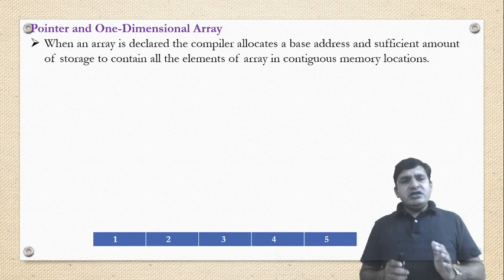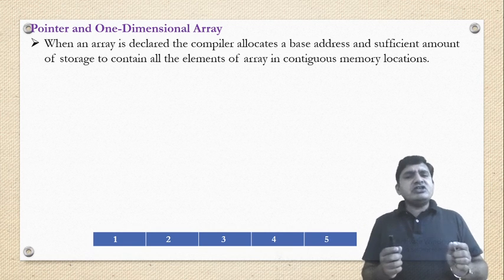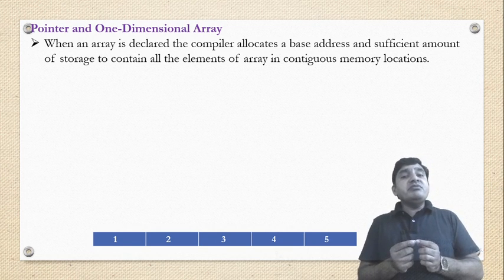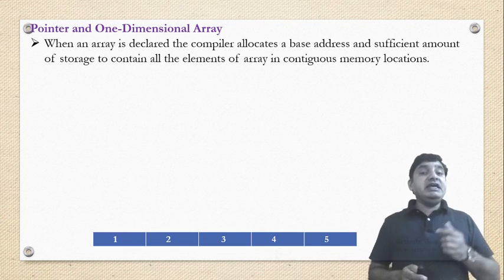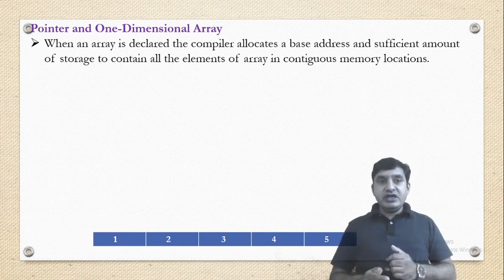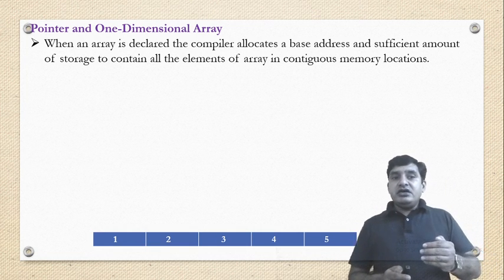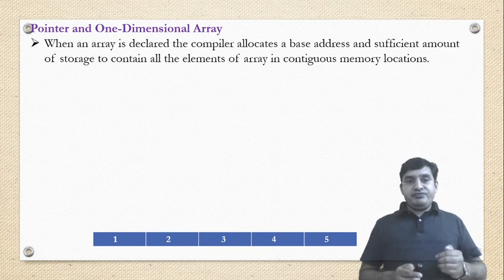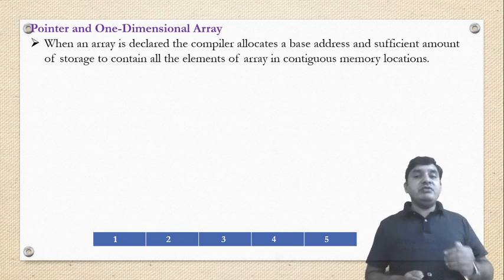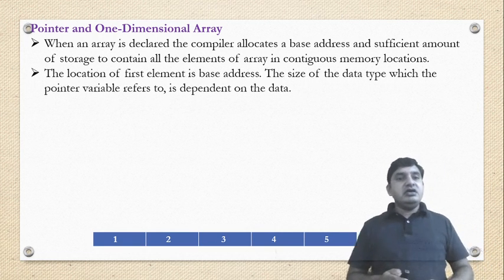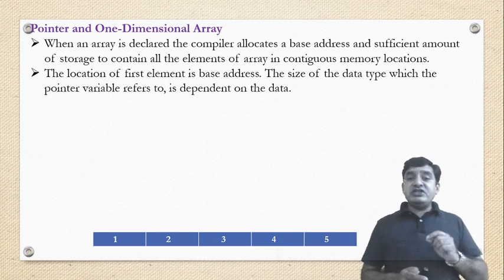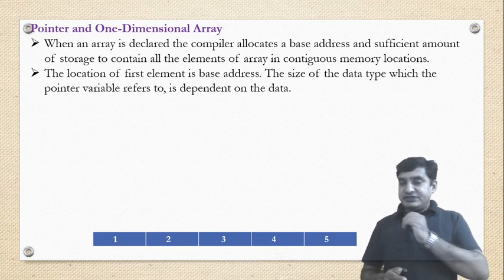We know that an array is a collection of elements of the same type. The location of the first element is the base address.